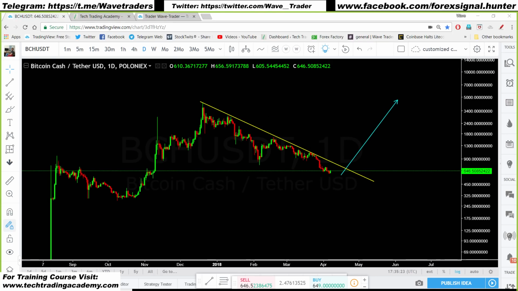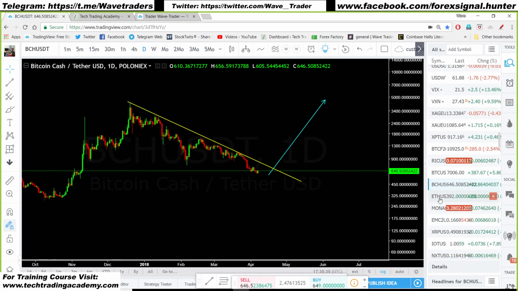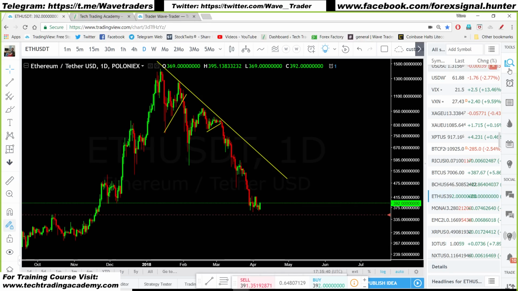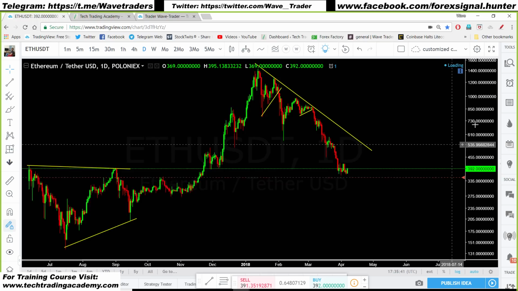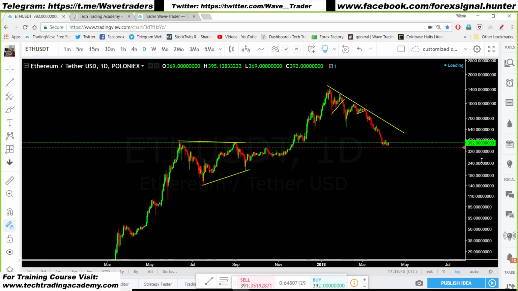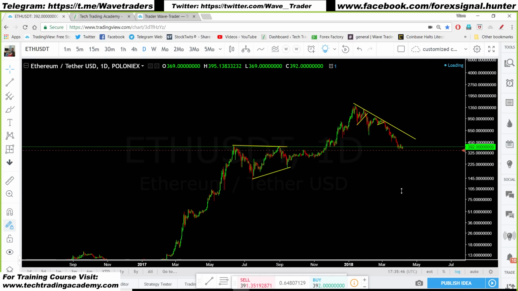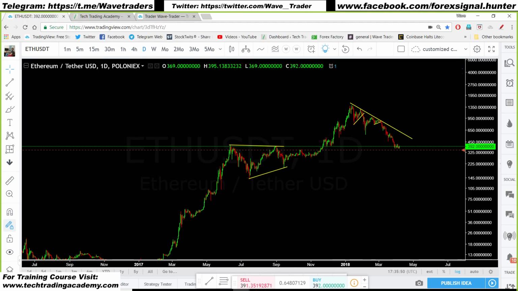You see that flag? Break up. It will keep pushing for upside, break up. And Ethereum is quite similar, hitting the 400 area. The trade you guys need to take on these coins is the bullish one. This trade.